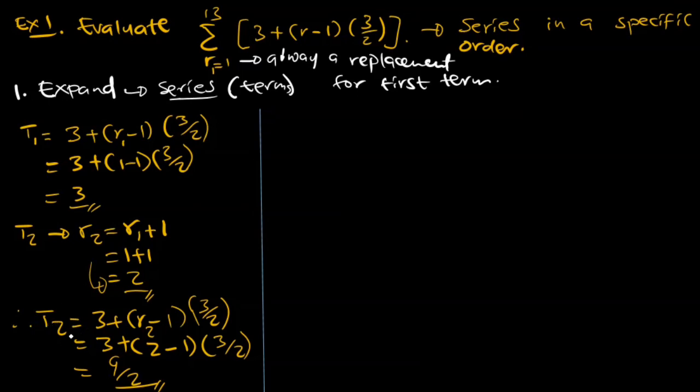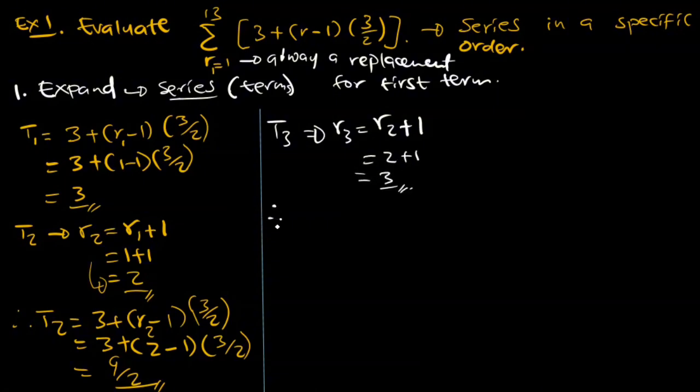I've got term 2, so I'm going to go ahead and calculate term 3. What is r3? r3 is r2 plus 1, always. r2 is 2, plus 1 equals 3.